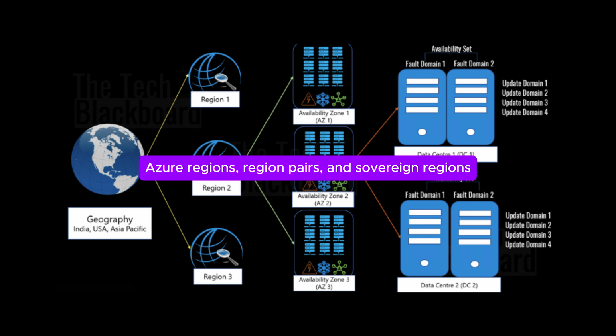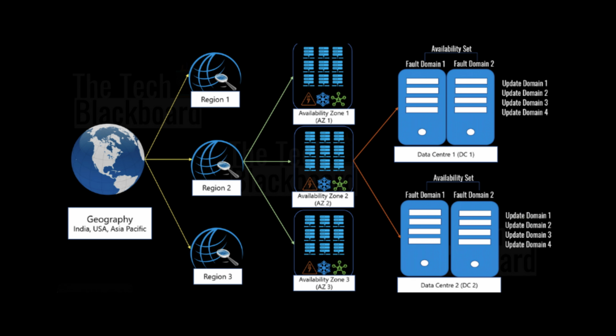To understand regions, region pairs and sovereign regions, in this example diagram you can see that it's a whole world, and globally it is distributed into regions. Let's say you can say South Asia, USA, Asia Pacific, India.